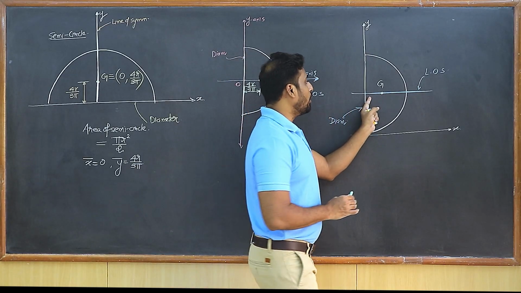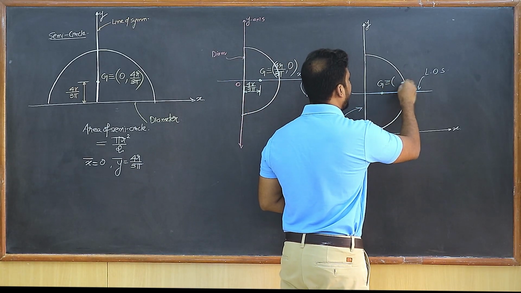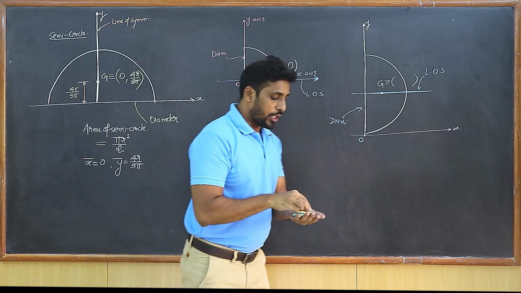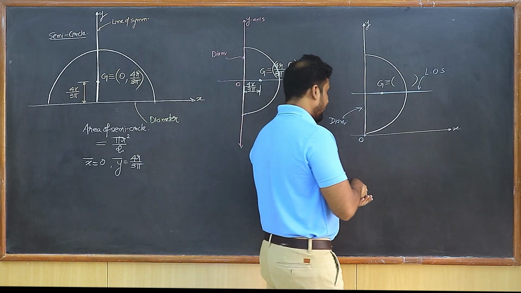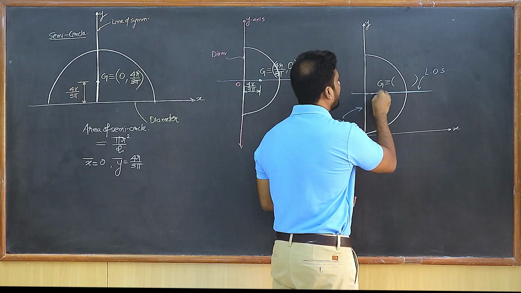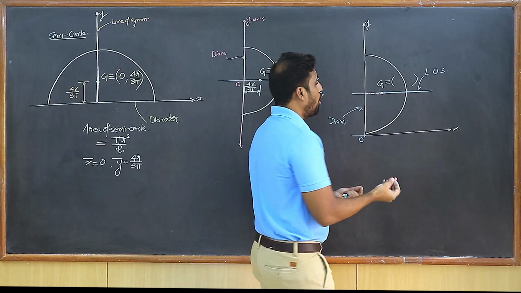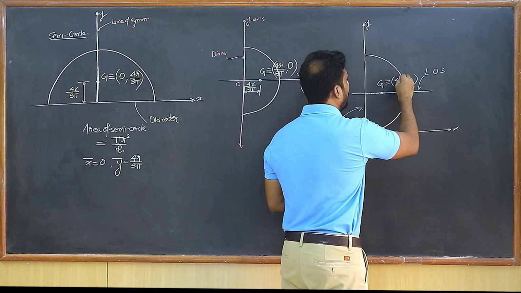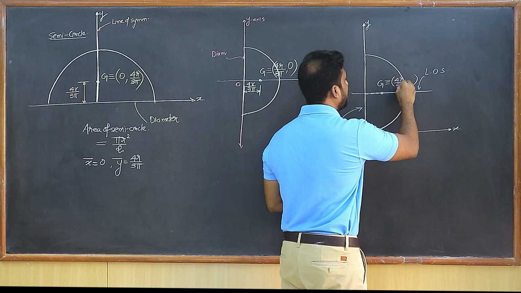So students, for G over here, I want to tell the x and the y coordinates. You can observe that the x coordinate is nothing but the distance from the y-axis, which is the diameter, isn't it? So it is going to be 4r upon 3 pi.